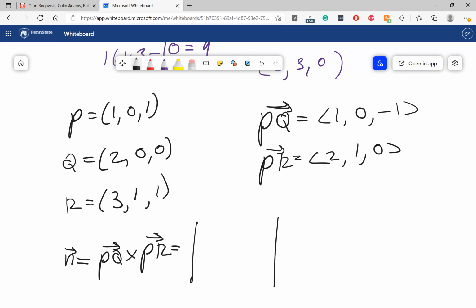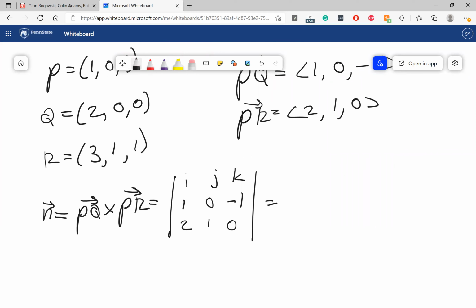And that's equal to the determinant of the matrix I, J, K, 1, 0, negative 1, 2, 1, 0, which is equal to I times 0, and then 1 times negative 1 is negative 1, but then you put a negative, so you have a plus 1, minus J times 0, and then again 2 times negative 1 is negative 2, but then you have a minus, so plus 2, plus K times 1.